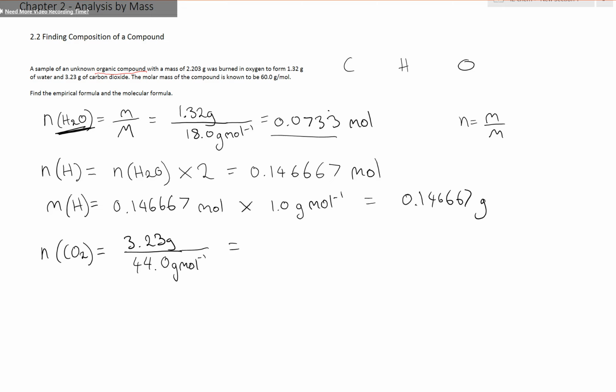Okay, this is telling us how many moles of carbon dioxide, and that is 0.07349 moles. Okay, now all of our carbon is actually being converted into carbon dioxide, so the amount in mole of carbon is going to be the same. It's 1 for 1, 0.07349. We'll continue this in part 2.